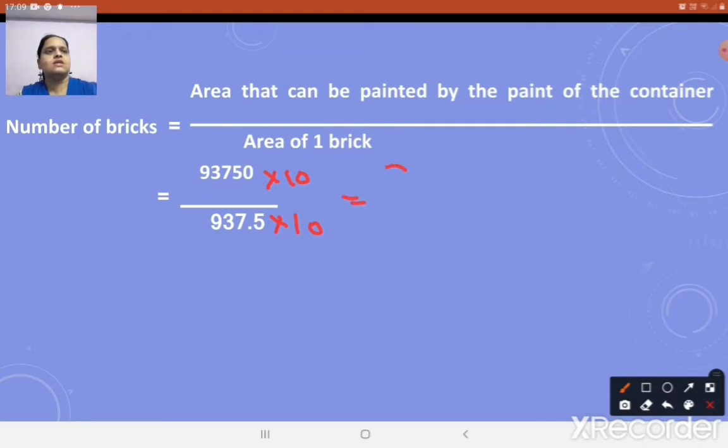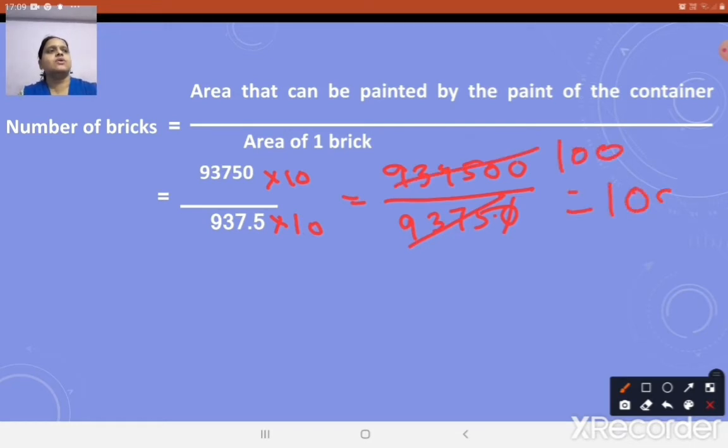So what you will get here? 93750 and one more 0 because we are multiplying by 10, divided by 9375, because if you put the decimal point over here, the 0 will get cancelled. Now it is very easy. 9375, if you cancel it, it will become 100. So you are getting the number of bricks equal to 100.